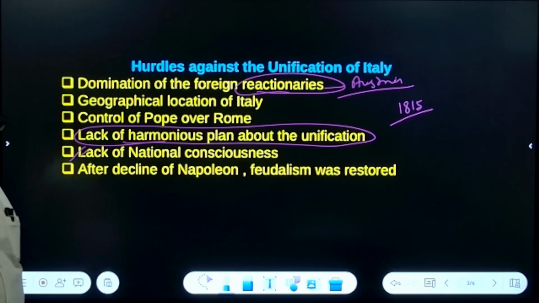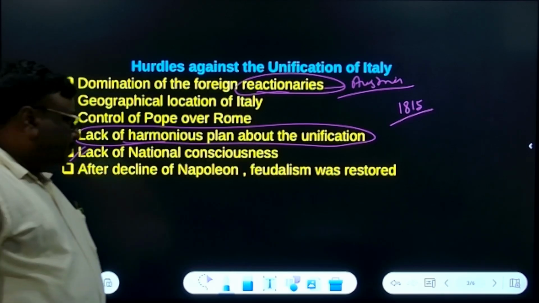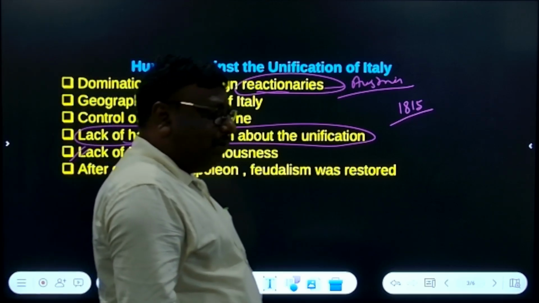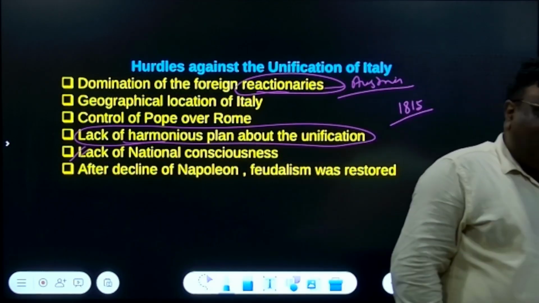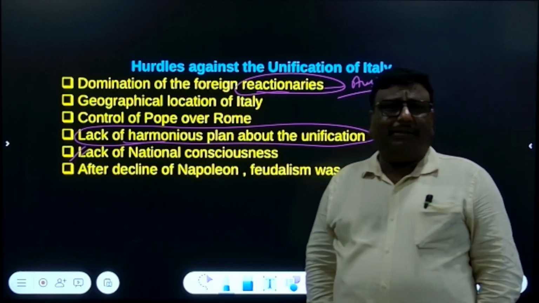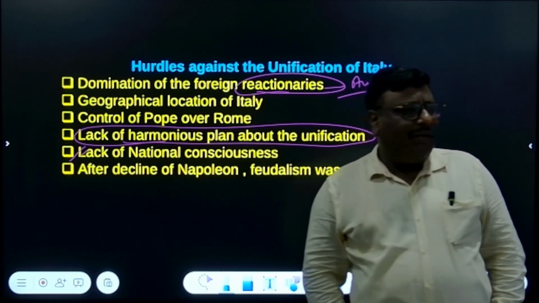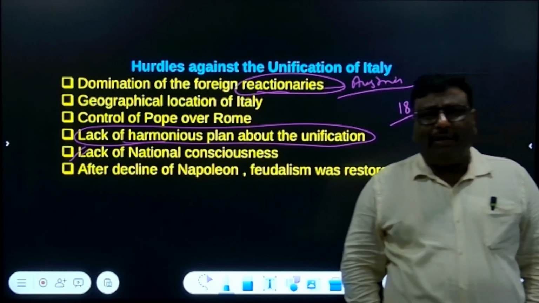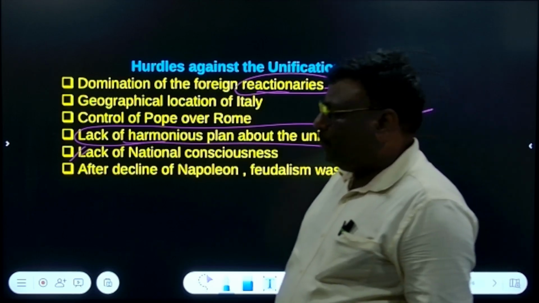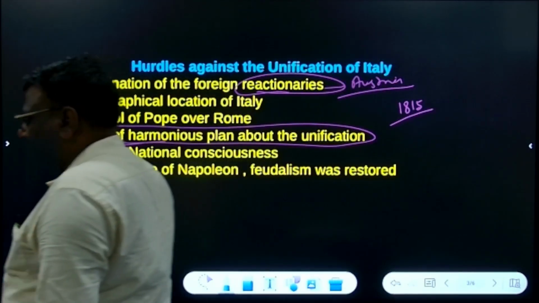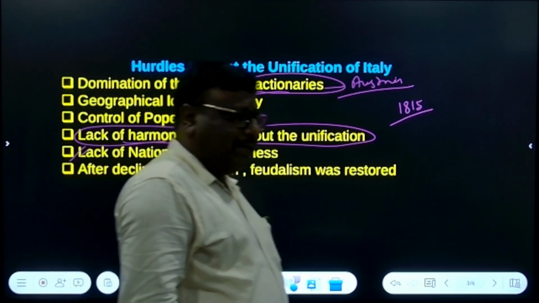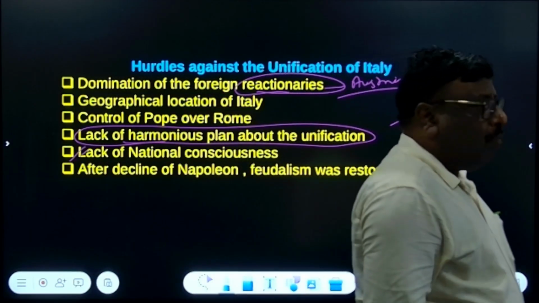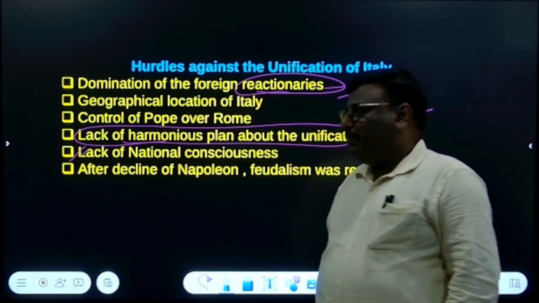In this way, the feudal structure of society was restored. Once again, the feudal structure was restored in other regions which were conquered by Napoleon. So, in this way, Italy had become a mere geographical identity, and there was no hope of the unification of Italy.